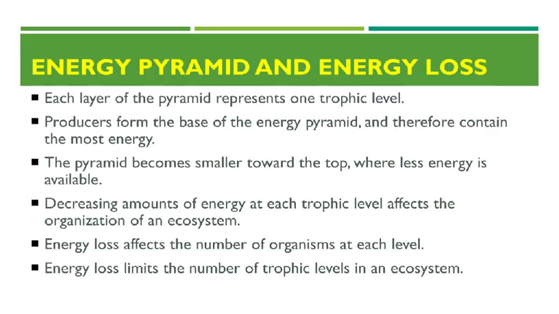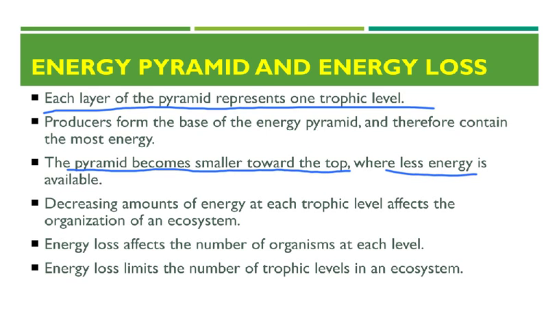As you can see here, each layer of the pyramid represents one trophic level. And so what you end up seeing is the pyramid becomes smaller toward the top because there's less energy. The producers are the base where there's the most energy. And as you go up, the decreasing amounts of energy affect the number and organization of an ecosystem.